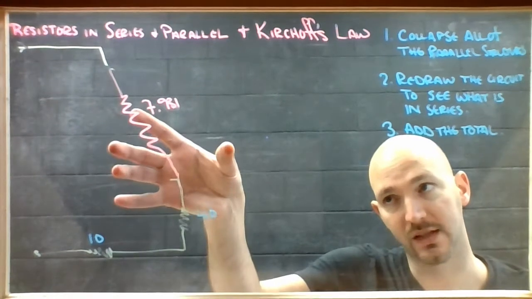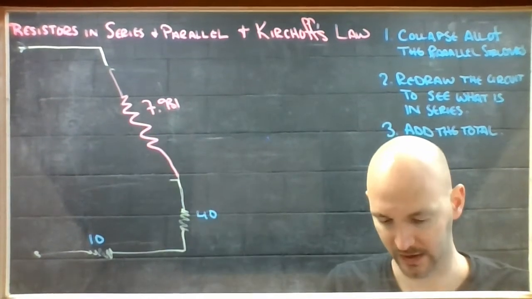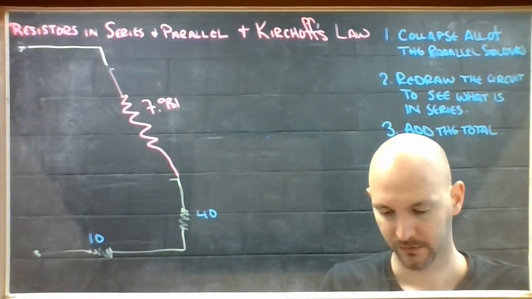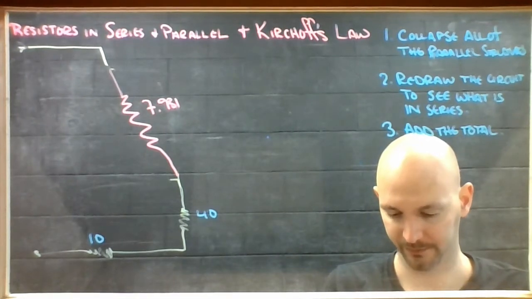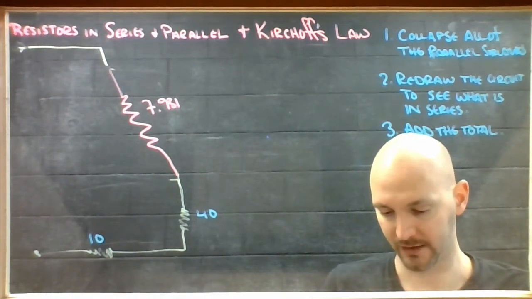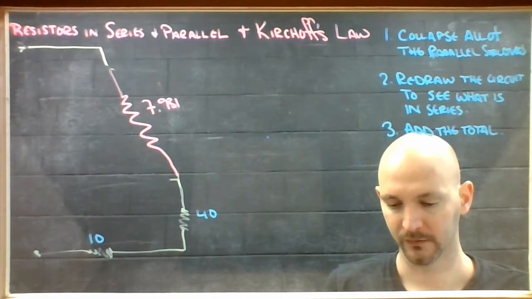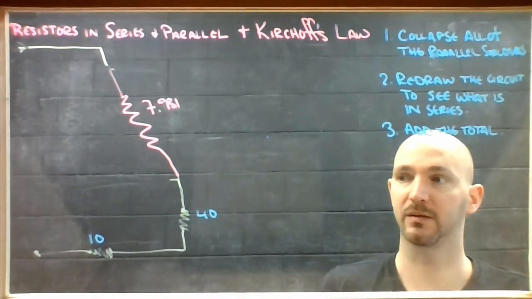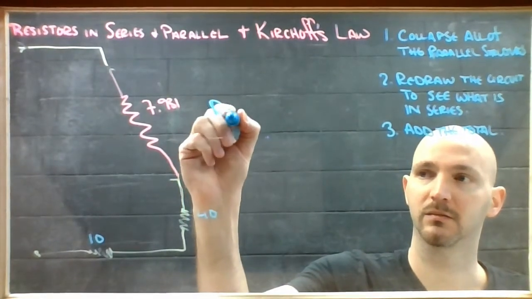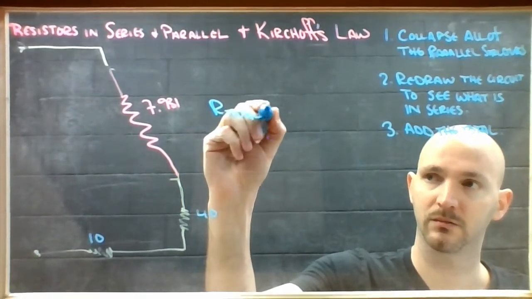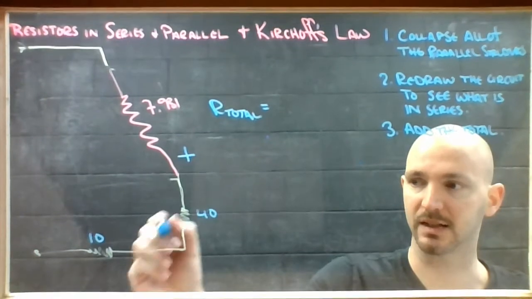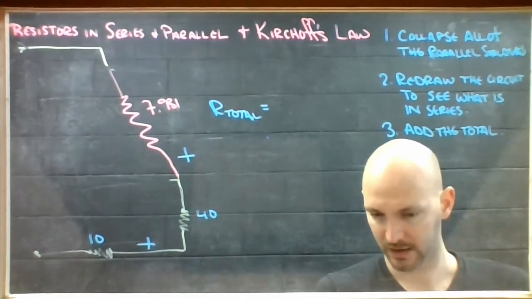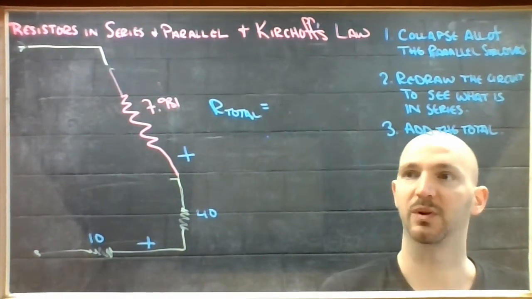So those 7.93 plus 40 plus another 10 gives me a grand total of 57.931. I did this plus that equals 57.931.